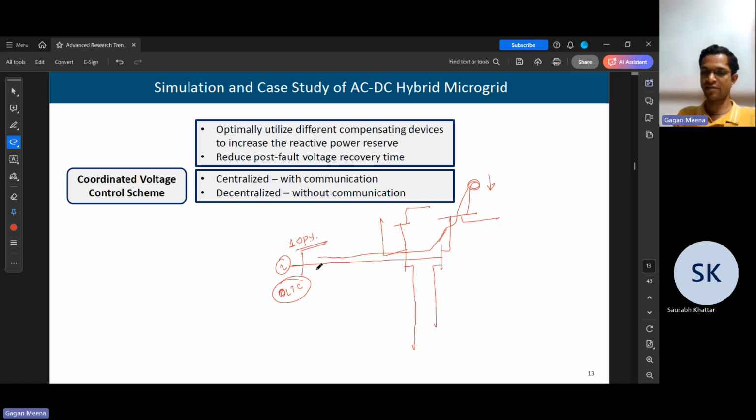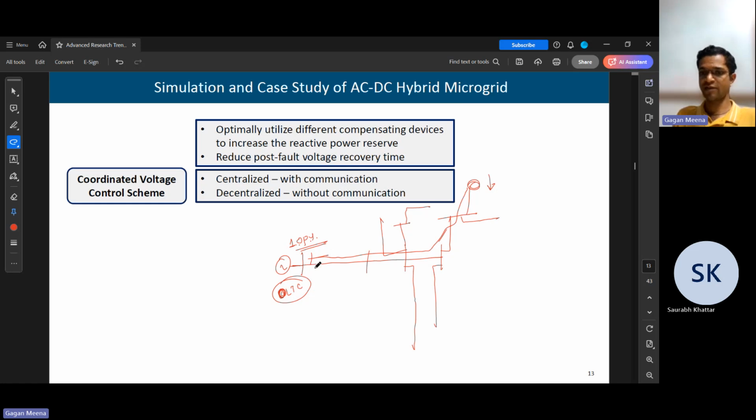So in the traditional distribution system, whenever the load increased, or at regular intervals, we have these transformers. In the US, they have OLTC, on-load tap changing transformer, in the substation.